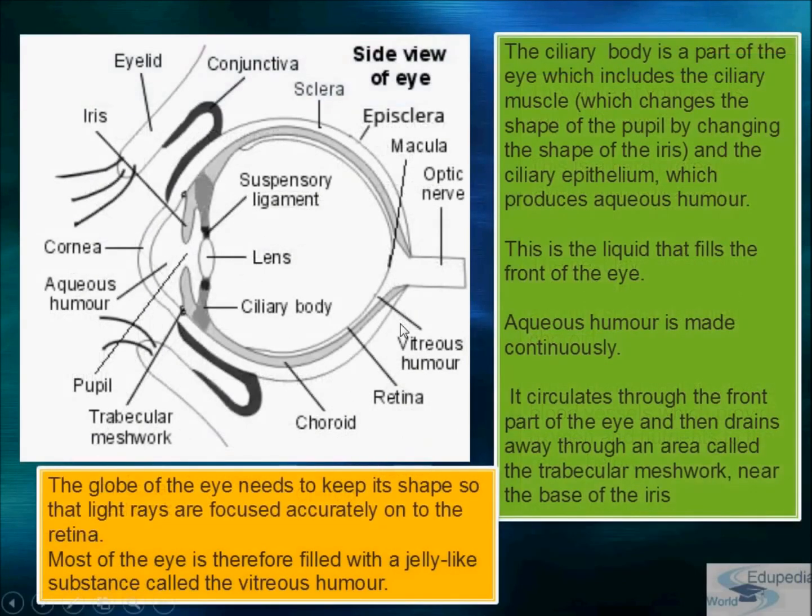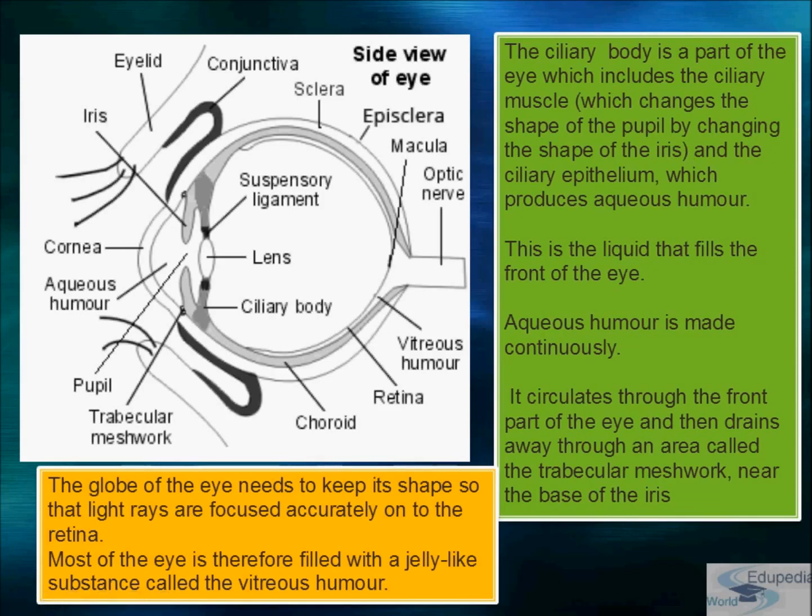Now moving on to the next, that is the ciliary body. As I have already taught you, the ciliary body is a part of the eye which includes the ciliary muscles. Ciliary muscles change the shape of the pupil by changing the shape of the iris.